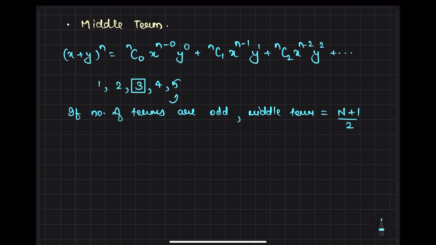So look at this, the number of terms is 5. So who is in the middle? 5 plus 1 is 6, 6 by 2 is 3. Correct? So it is established.